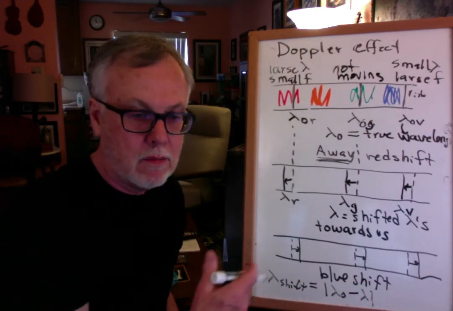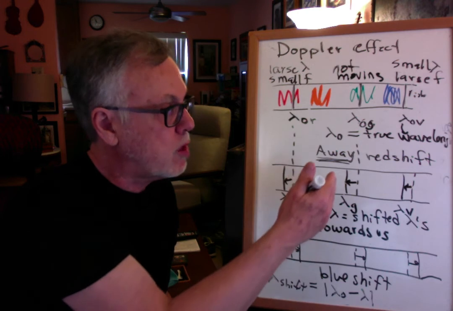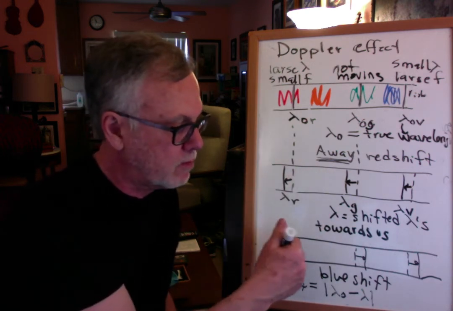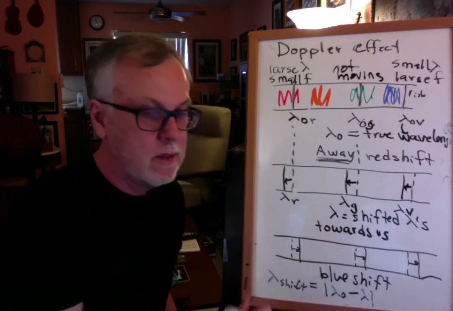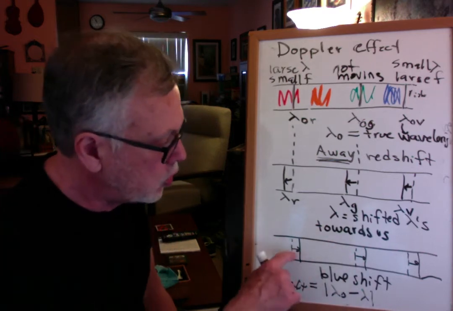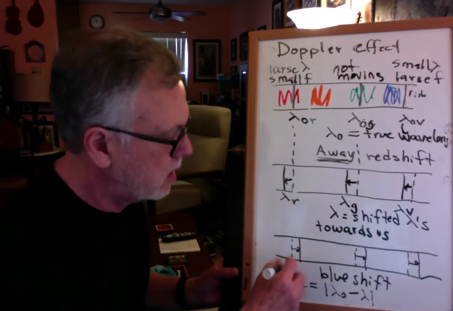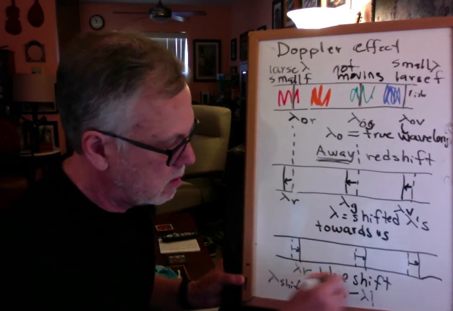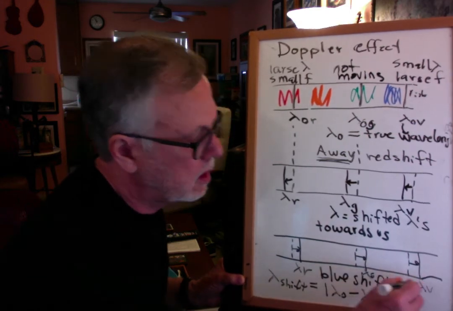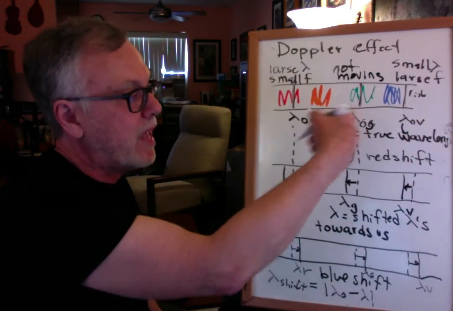Basically, if it's shifted toward the red end, it's going away from us; if it's shifted toward the blue end, then it's moving towards us, and we can actually measure the shifted wavelengths and find how much has been shifted by.